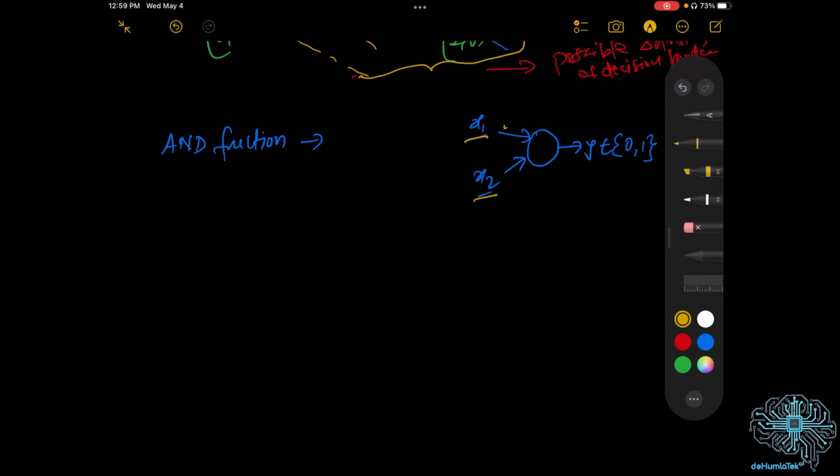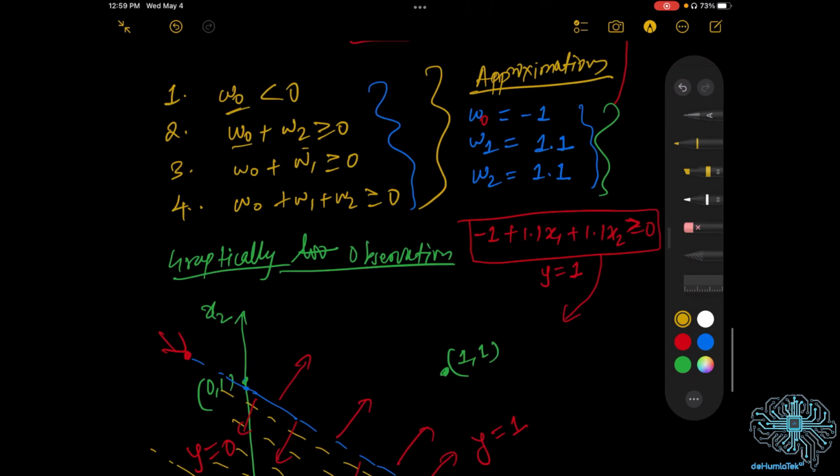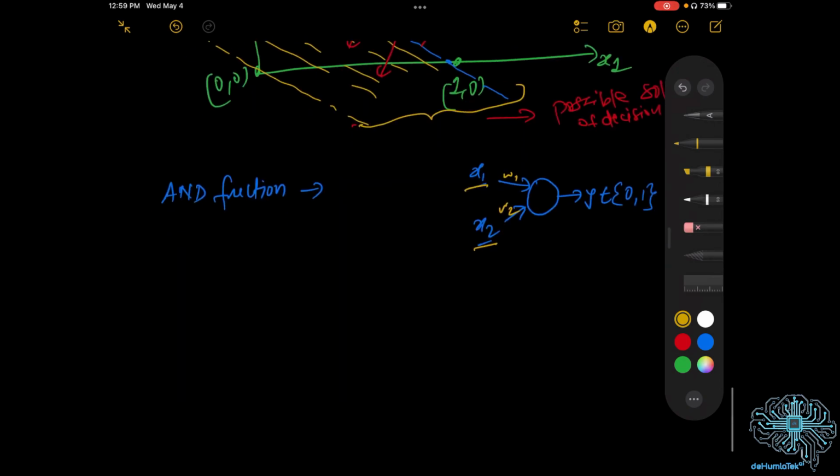To make it clear, these are the inputs, right? So this is like W1 and W2, which we are learning, and there is one more, W0, as we have seen before. So where exactly is this coming from? For every neuron or every perceptron, there is one more input which is called a bias.